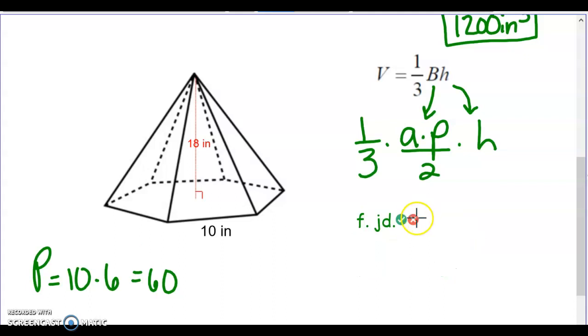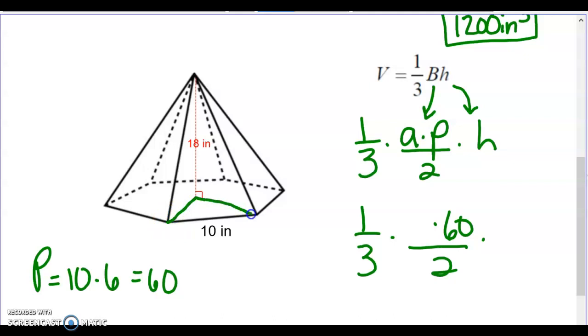So this goes back to our chapter 9 stuff. When I drew this in, the central angle was 60 degrees. When I drew in my apothem right here, the 10 down here gets split, so it'd be 5 and 5. And my angles would also get split, so up on the top, this would be a 30-degree angle, and this would be a 60-degree angle over here.